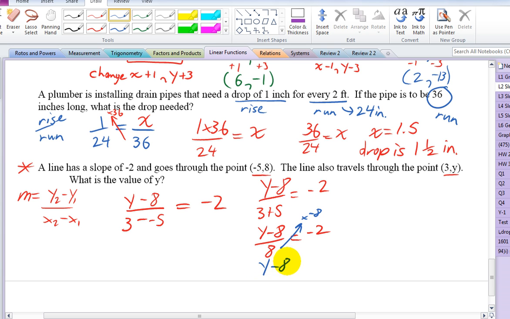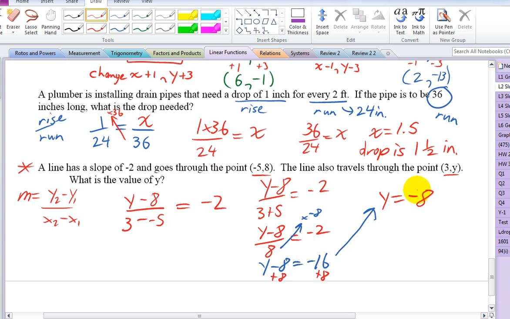So y minus 8 equals -16. Now what should we do? Add 8 to both sides. So y equals -16 plus 8, -8. Okay. That's probably one of the easiest ways of doing it. Any questions?